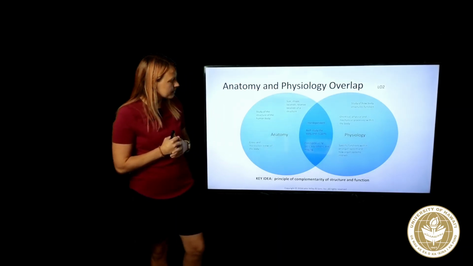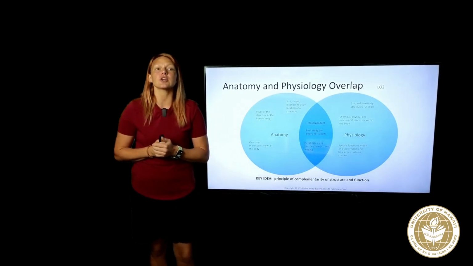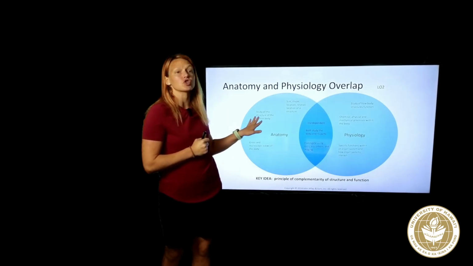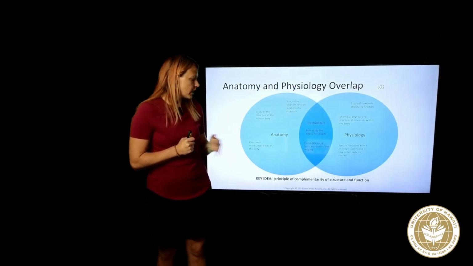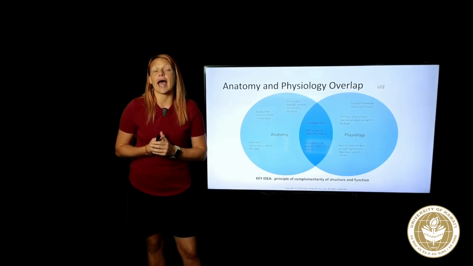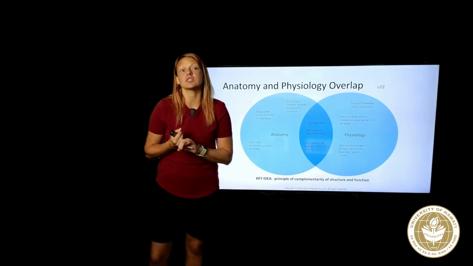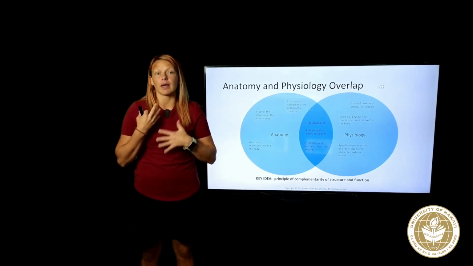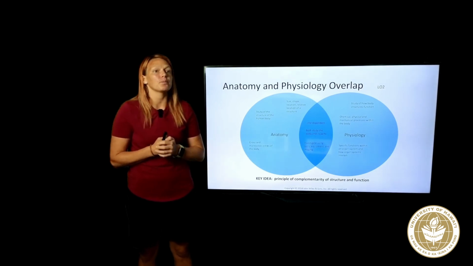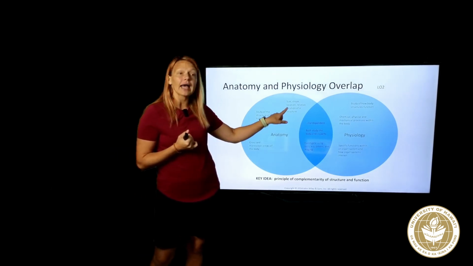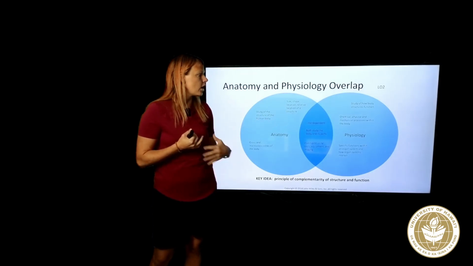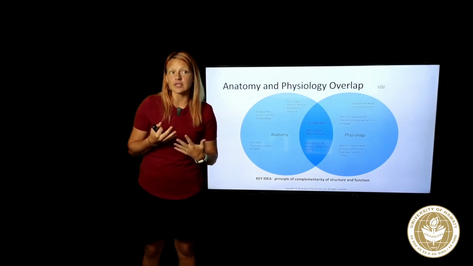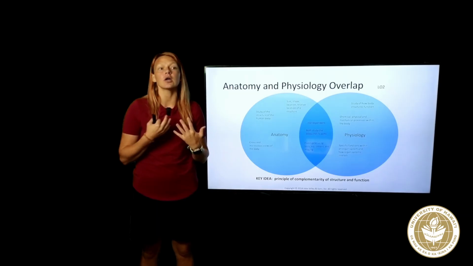So again, anatomy over here is the study of the structure of the human body. We are able to view anatomy by dissection, by observing, by manipulating, by palpating. We're able to see the size, the location, the relative location of a structure to another structure.